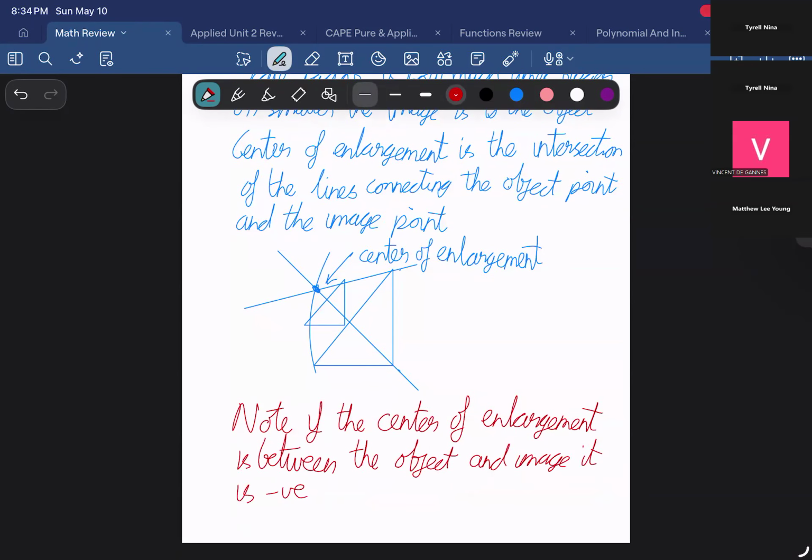So let me say I had some object like this here, and some object like this here, and this was the center of enlargement, then this would be negative. However, if the center of enlargement was out here, this would be positive.